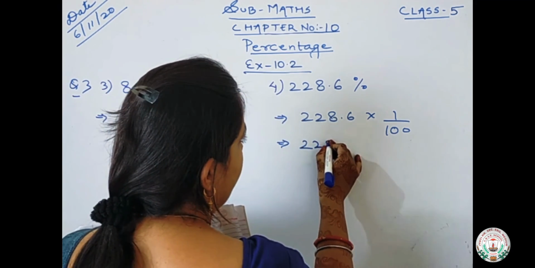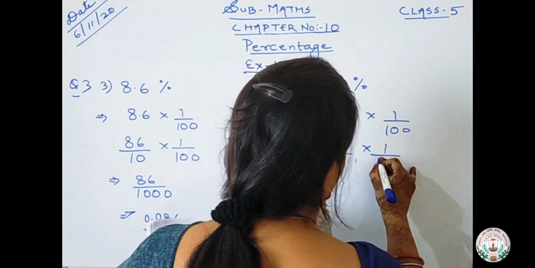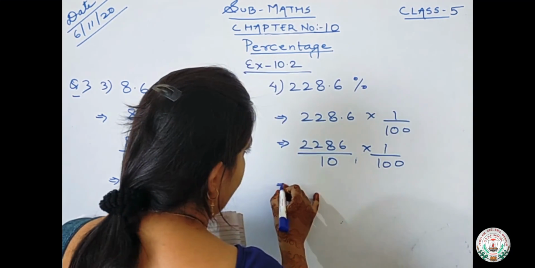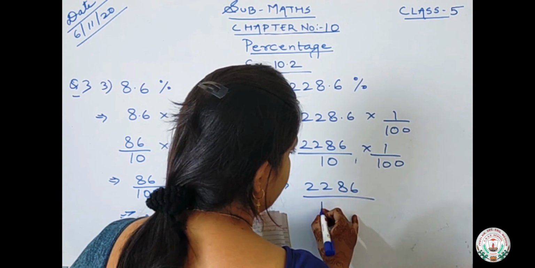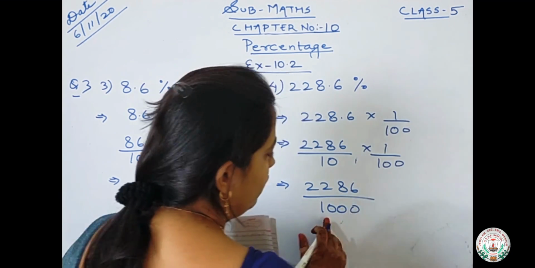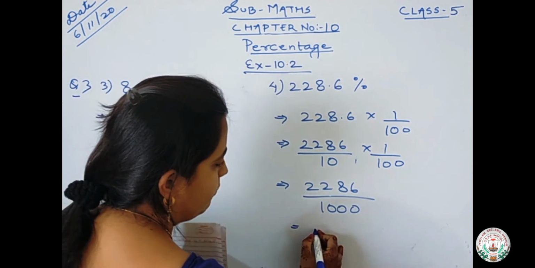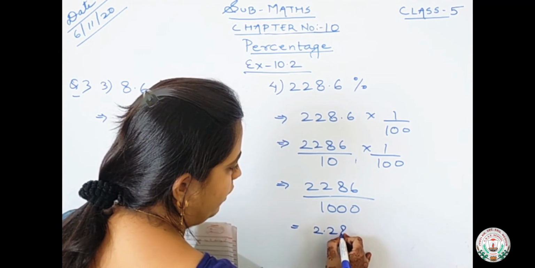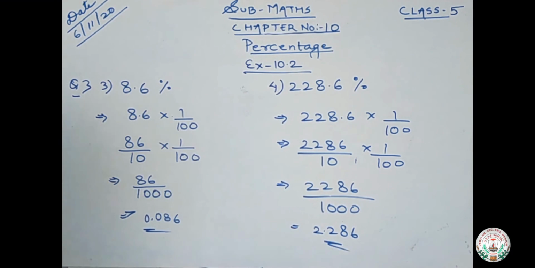So we will put 10 here, into 10 into 1 upon 100. Now multiply this. 2286 upon 1000. 3 zeros are here, so you will put 3 places of decimal. 2.286. Okay.